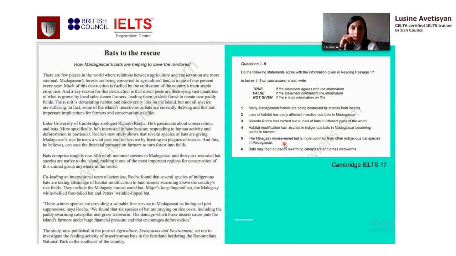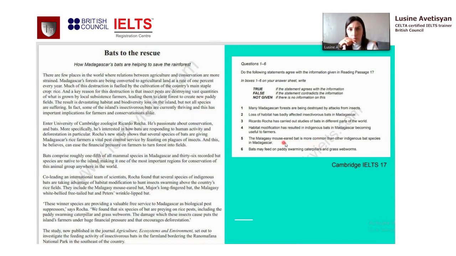The Madagascar mouse-eared bat is more common than other indigenous bat species in Madagascar. Indigenous, it's like the small proportion, small number. The Malagasy mouse-eared bat is more common than other indigenous bat species, bat types in Madagascar. So I need to see, is a mouse-eared bat more common than other bat species in Madagascar?